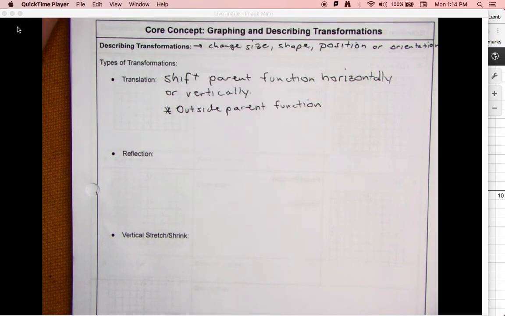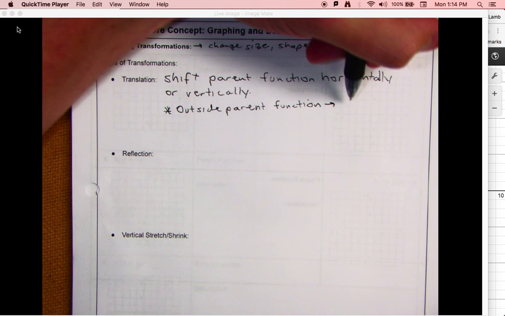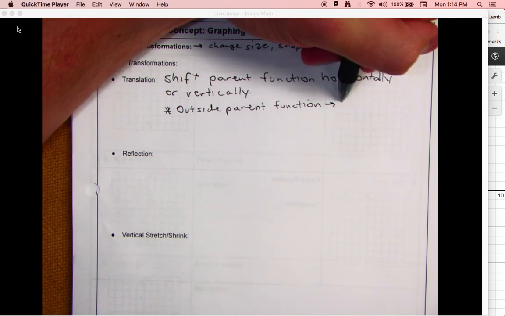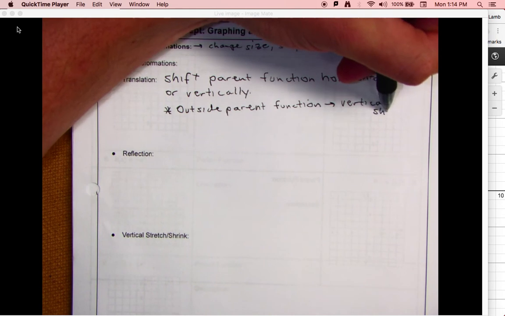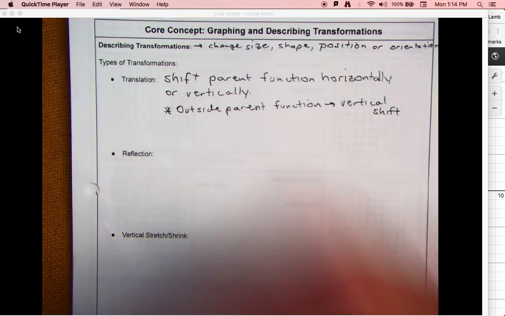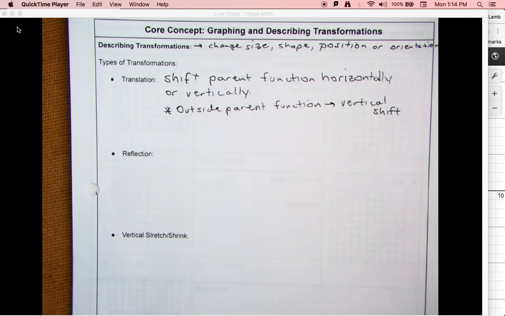If you are adding or subtracting outside the parent function, that's going to be a vertical shift. And I will describe that in example 1.